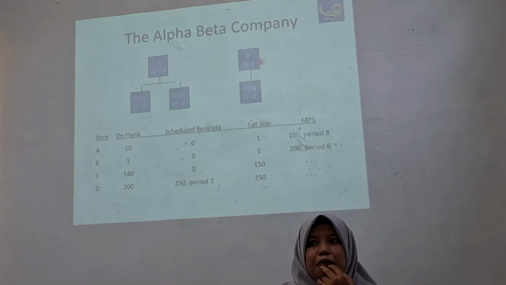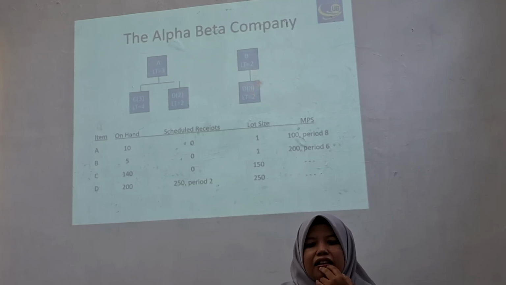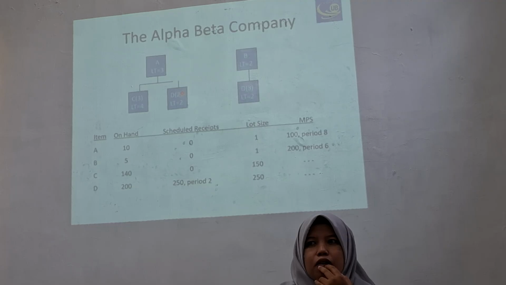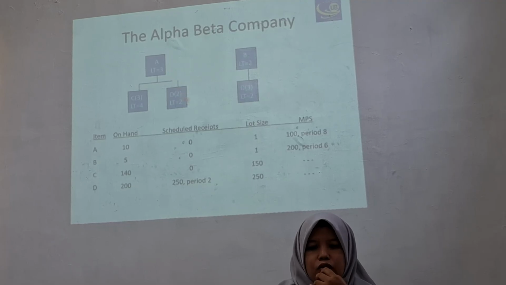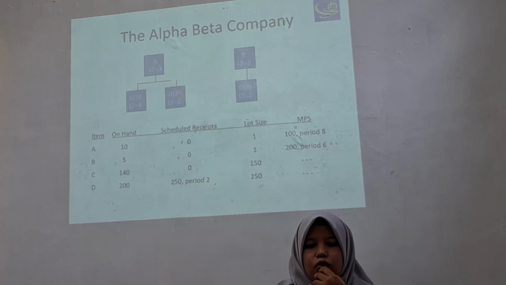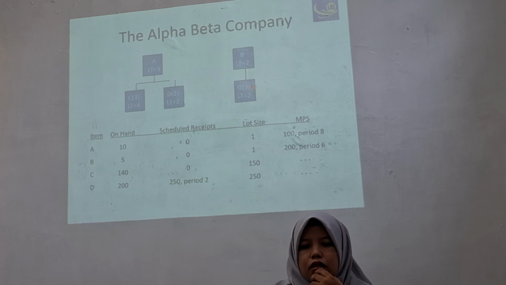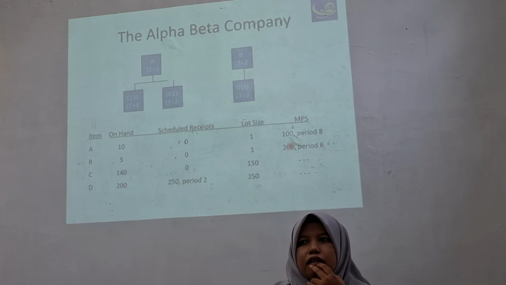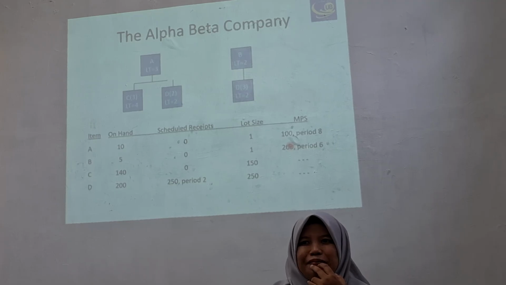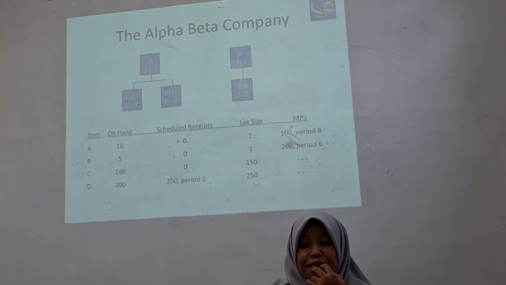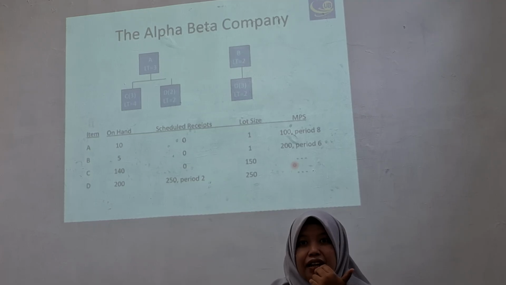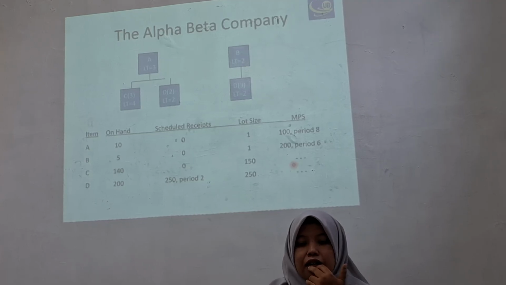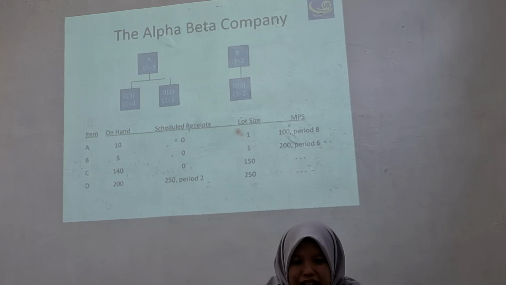Don't forget about this project. 200 plus 3 multiplied by 200. 600 plus 200 is 800.